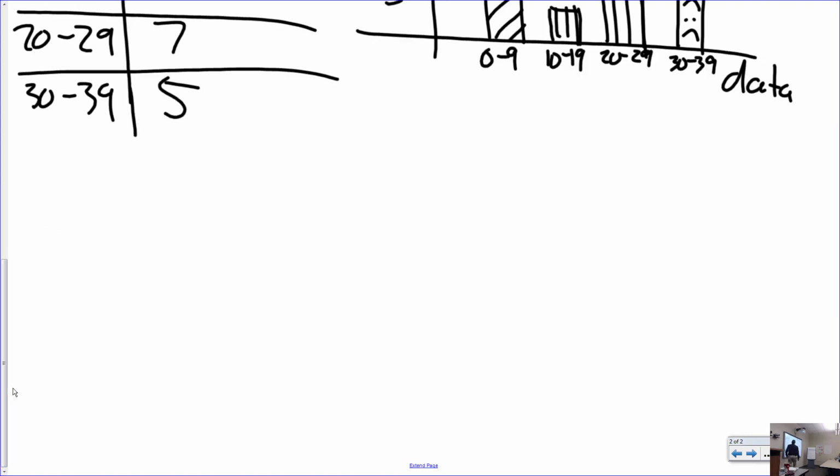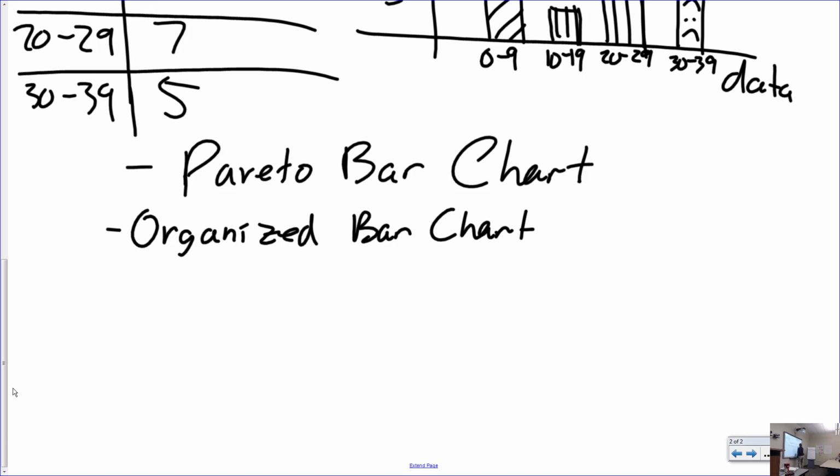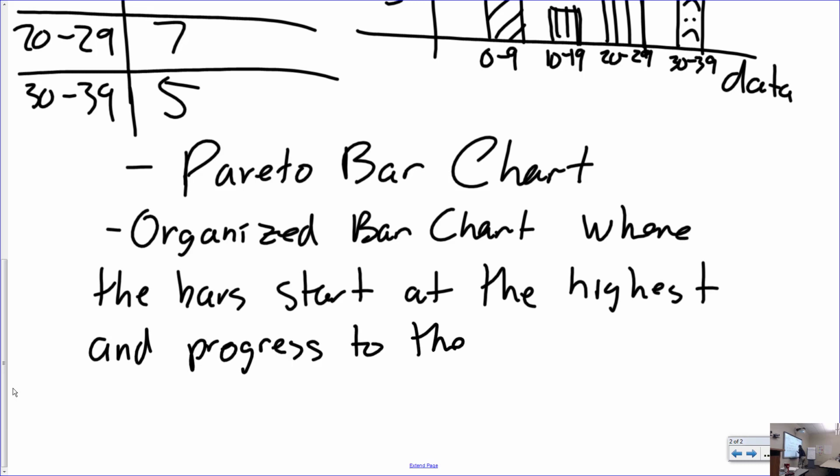All right, so a Pareto bar chart is an organized bar chart where the bars start at the highest level and progress to the right to the lowest level.